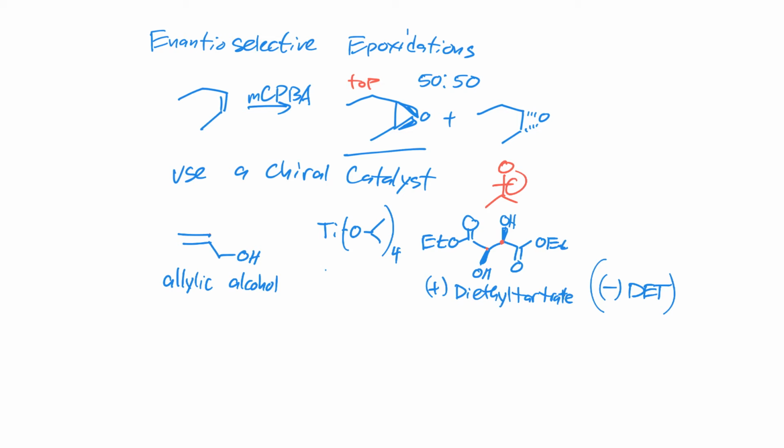So we mix our titanium tetraisopropoxide with either plus DET or minus DET, and some oxidizing agent that can provide the oxygen in our epoxide, and that's going to be set up like this. There's our allylic alcohol. Here's our oxidizing agent, t-butyl hydroperoxide.